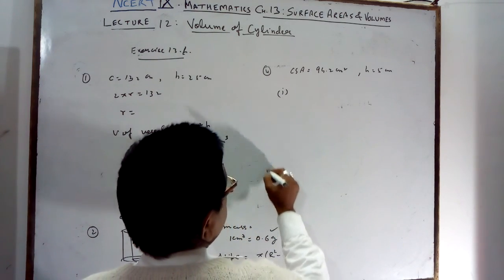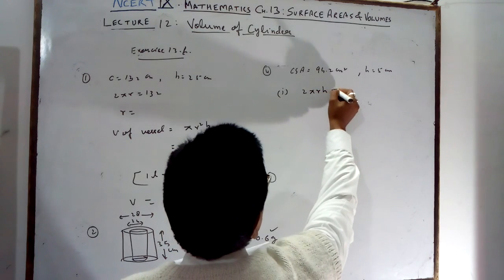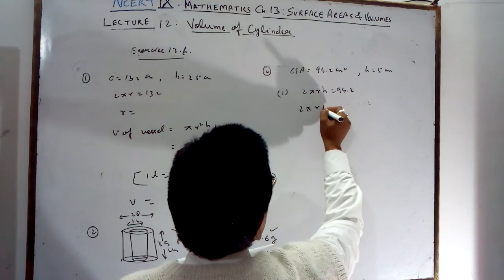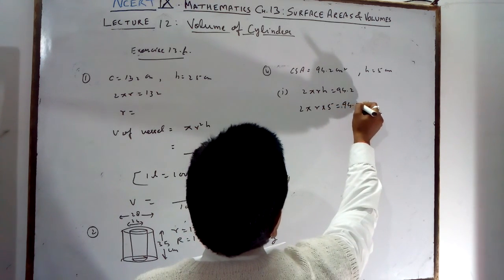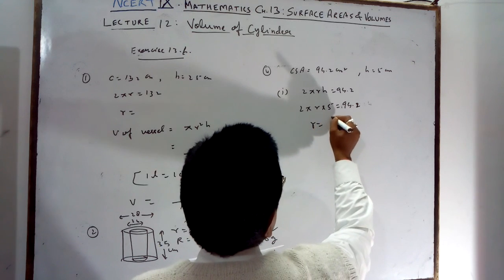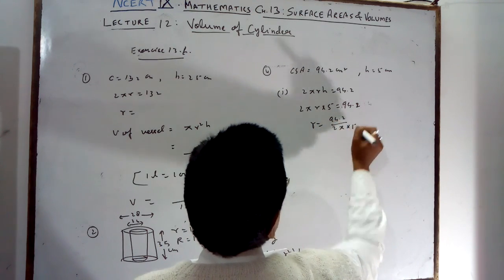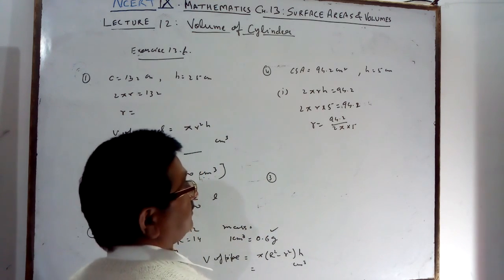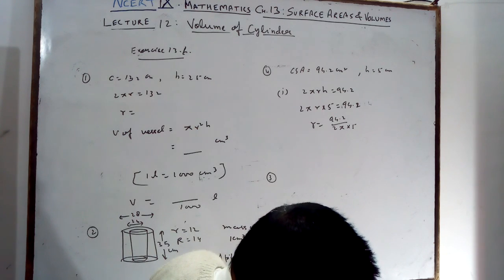CSA means 2 pi r h, h is given. So 2 pi r into 5 is equal to 94.2, then r is equal to 94.2 upon 2 pi into 5. You put the value and get the r. Then, the radius of the base you can get.